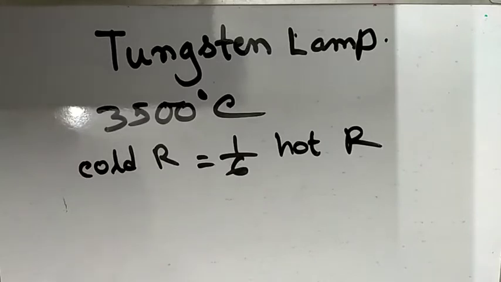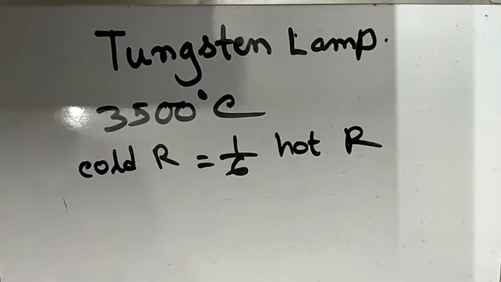An inert gas, usually a combination of nitrogen and argon, is filled in the bulbs, which results in possibility of working the filament at higher temperature without any fear of oxidation and evaporation of the filament on account of pressure exerted by the gas.